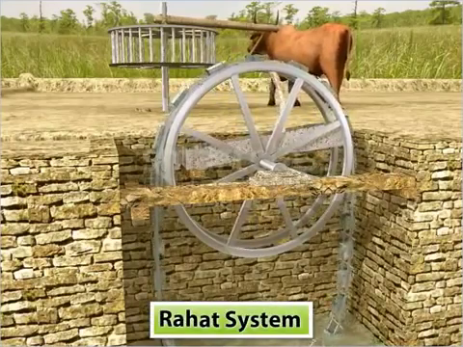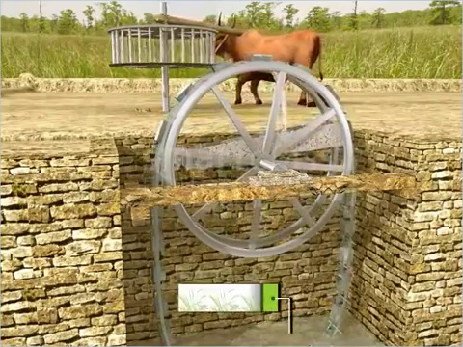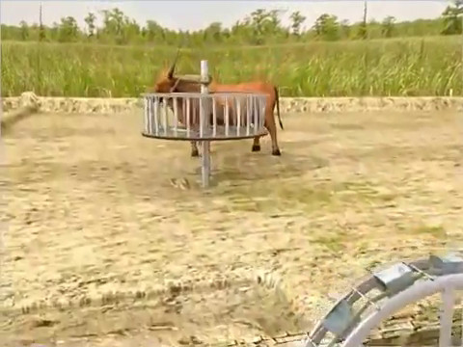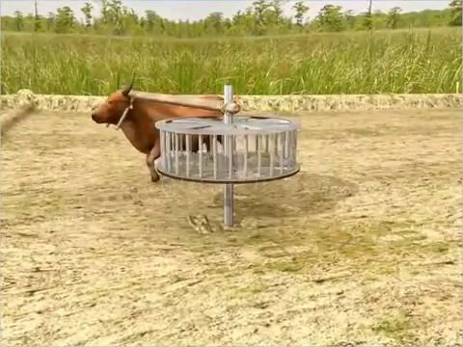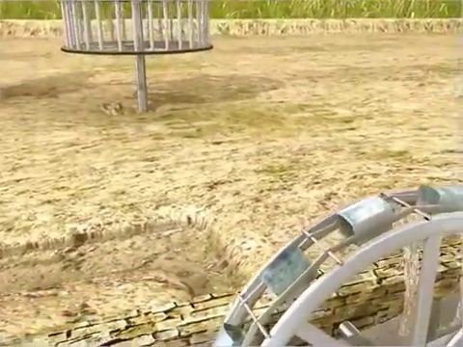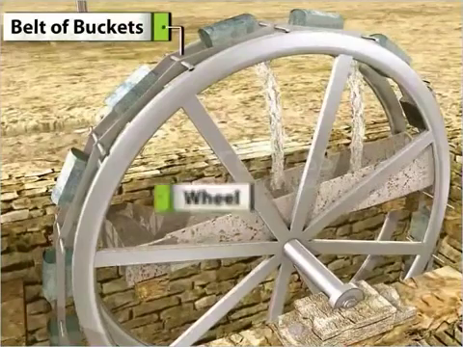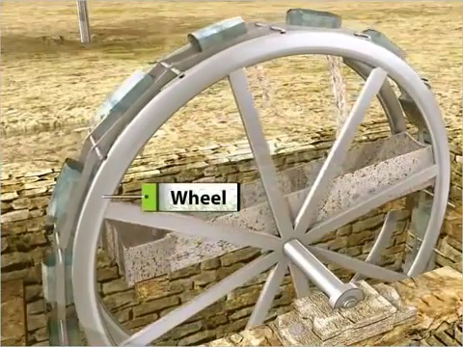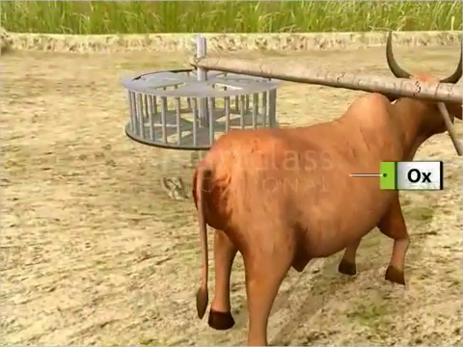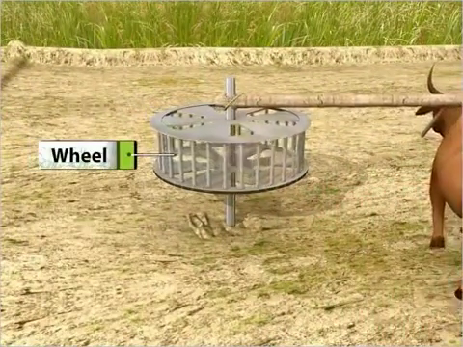Rahat system of irrigation involves two wheels, one placed vertically over a water source, typically an open well, and the other placed horizontally at a distance. A belt of buckets is fixed to the first wheel and an ox, buffalo or camel is tied to the other wheel.